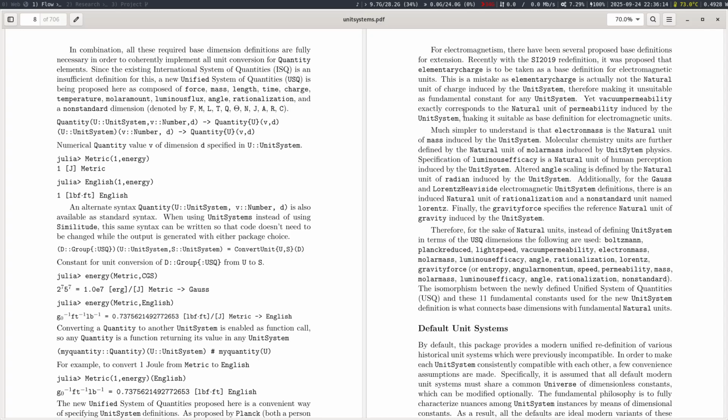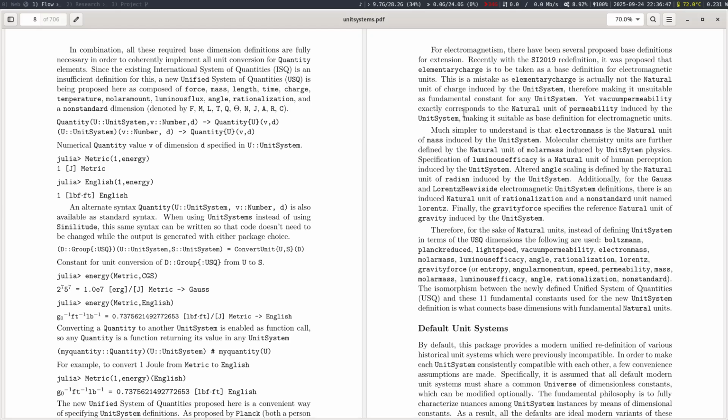So what this means is that in the SI 2019 they tried to use elementary charge to define what a unit system is, but that's actually not possible because a unit system is defined in terms of natural units. At least in my formalism, a unit system has to be defined in terms of natural units, and elementary charge just simply isn't a natural unit.